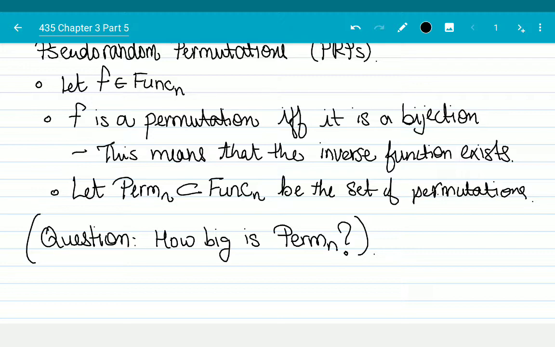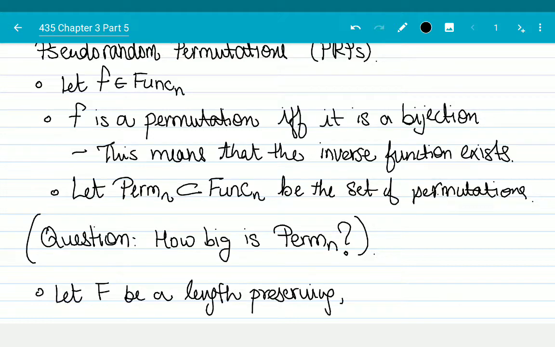So let F be a length preserving keyed function.